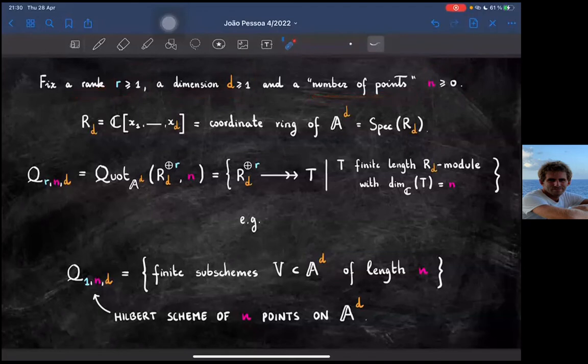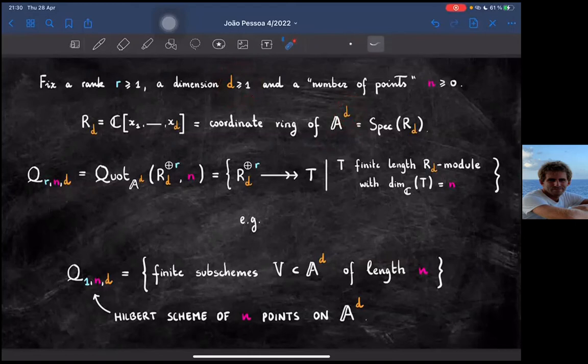So let's take the polynomial ring in D variables with complex coefficients. This we can see as the coordinate ring, or the ring of regular functions on an affine space. Okay, so this is for the D, the dimension of the ambient space.